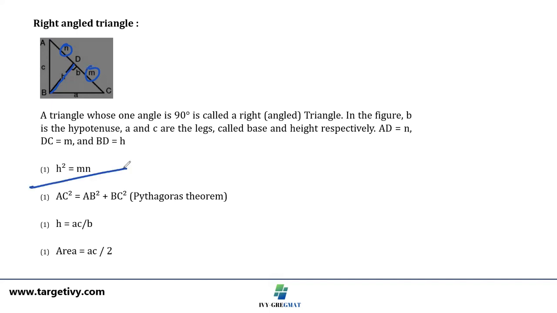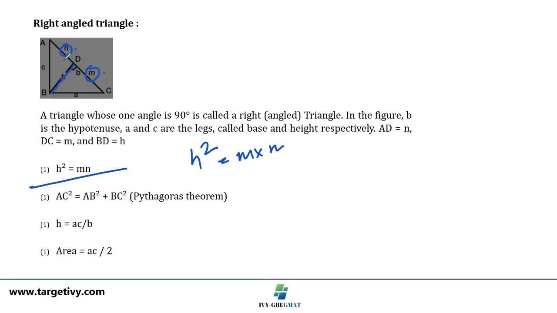H square. So this perpendicular height H square is equal to M into N. We'll understand what is the Pythagoras theorem.